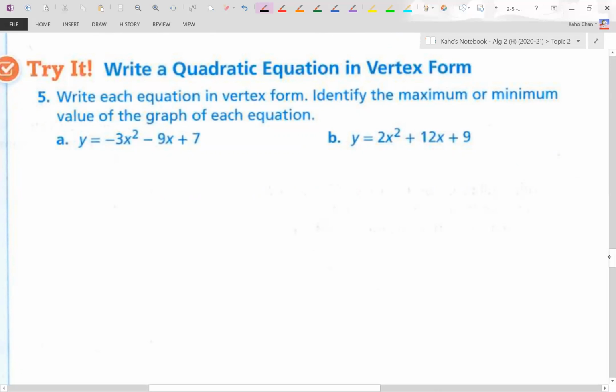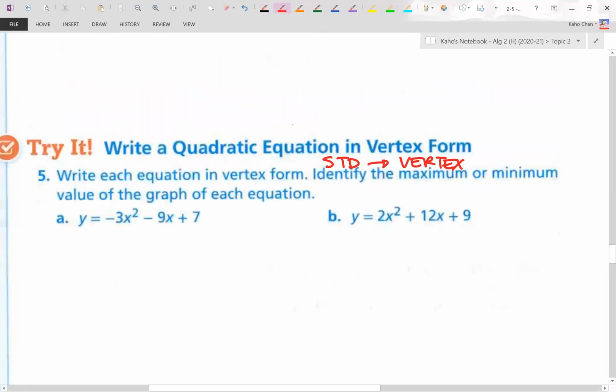We're just changing the way it looks. We're going from standard form to vertex form. Just a reminder of what that is: standard form is ax squared plus bx plus c, to y equals a times x minus h squared plus k.